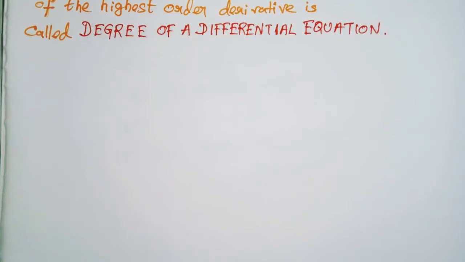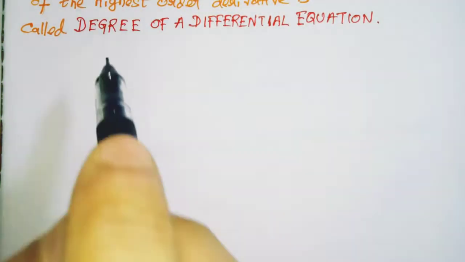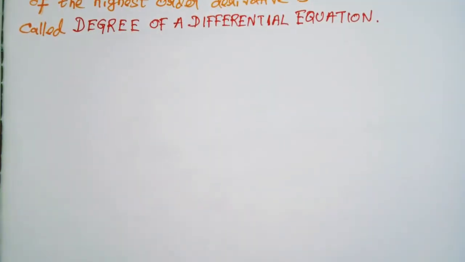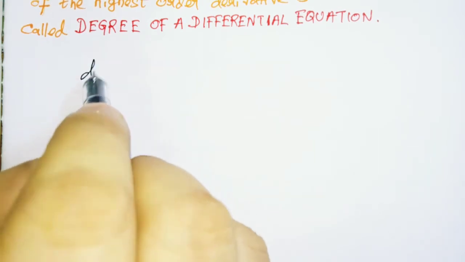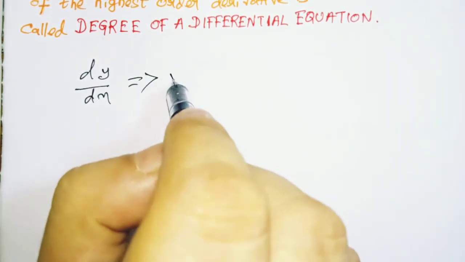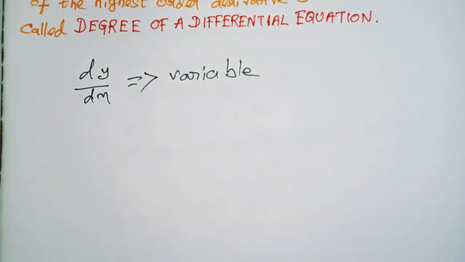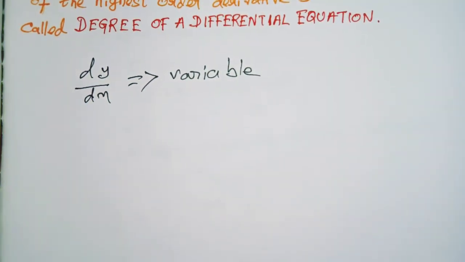When we are trying to find out whether it is a polynomial in derivative or not, we are going to treat dy by dx as a variable.